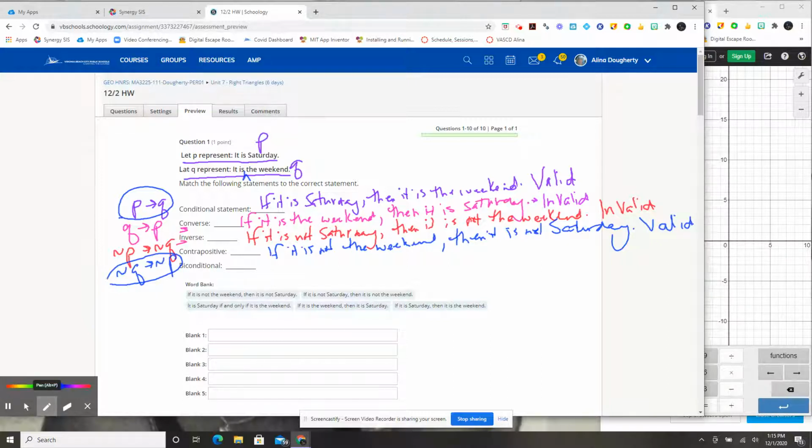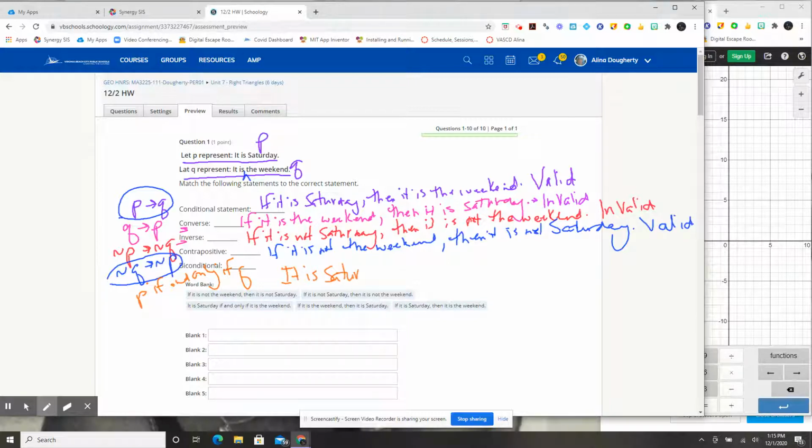The biconditional we just touched on, that's if and only if. So we take those and it's P, if and only if Q. So it's a lot of words, right? P, you're going to keep the order. It is Saturday.